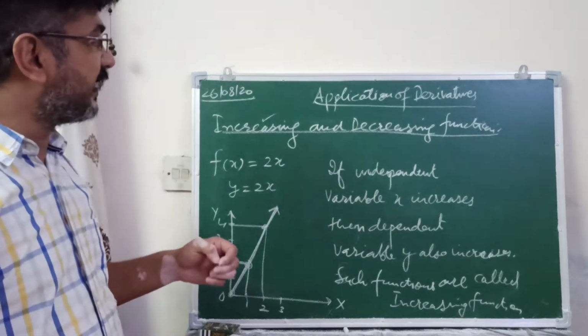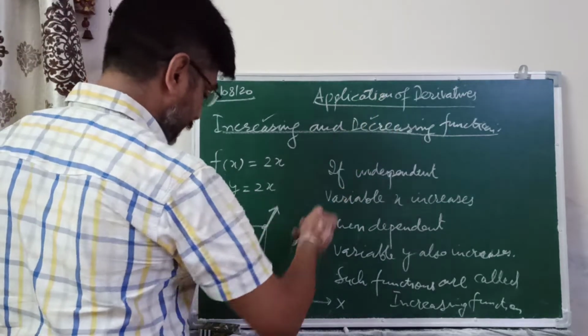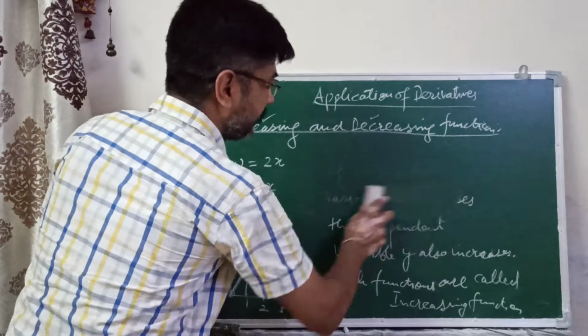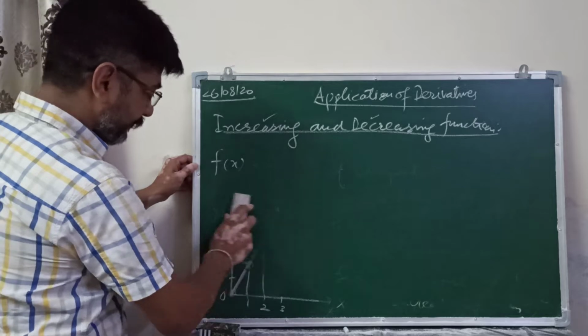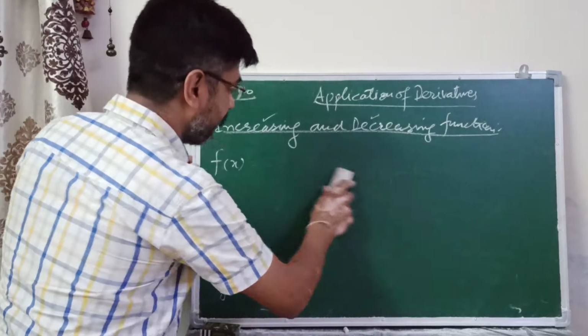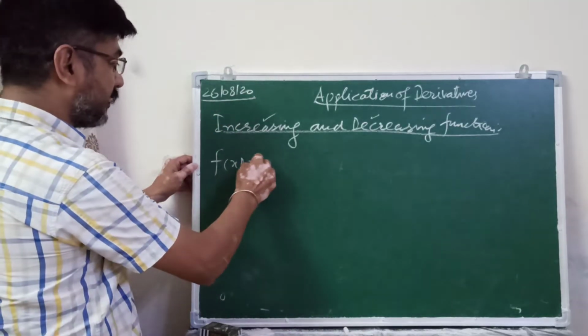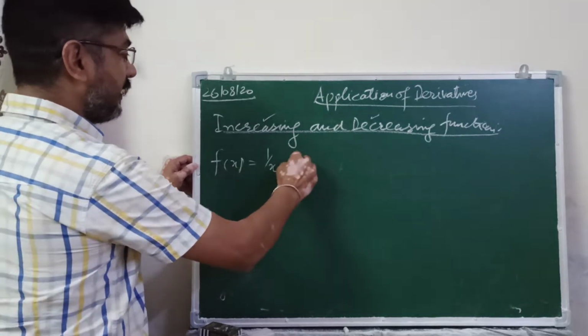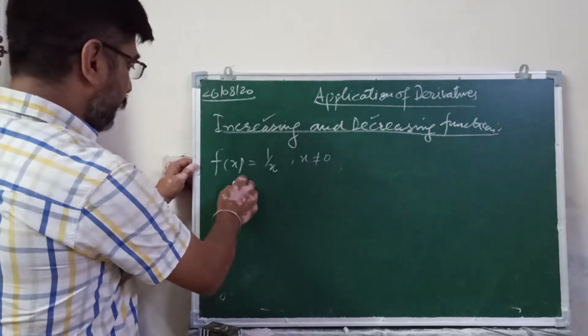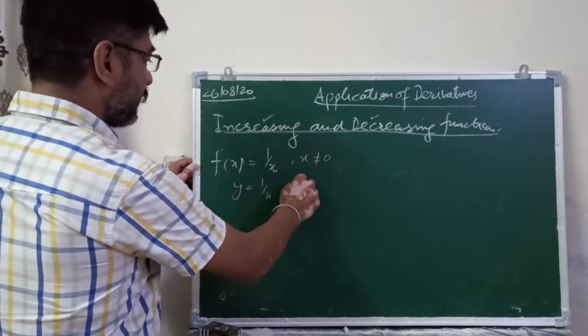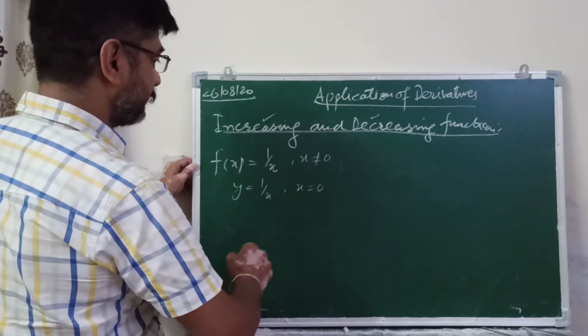Now we will take another example for a decreasing function. This time we are taking another example, f(x) = 1 upon x and x is not equal to 0. So this is y = 1 upon x, x not equal to 0.